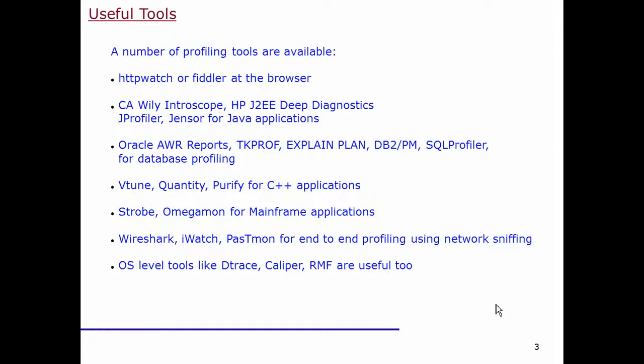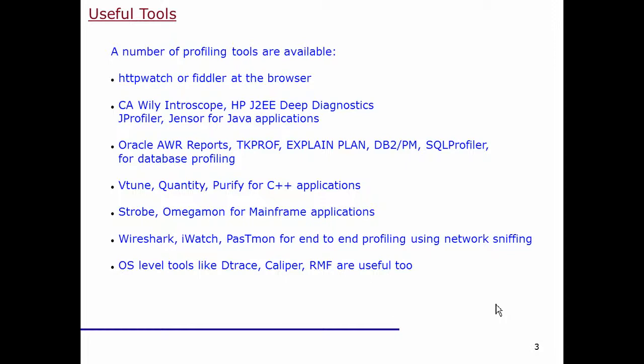For mainframes, you can have Strobe and OmegaMon, and if you need to know an end-to-end perspective of what's going on, especially by tapping the network and getting to know what's the time spent between the browser and the web tier, the web and the app tier, the app and the database tier, including individual calls made and patterns that are being communicated, then tools like Wireshark, iWatch or Pastemon are very useful.